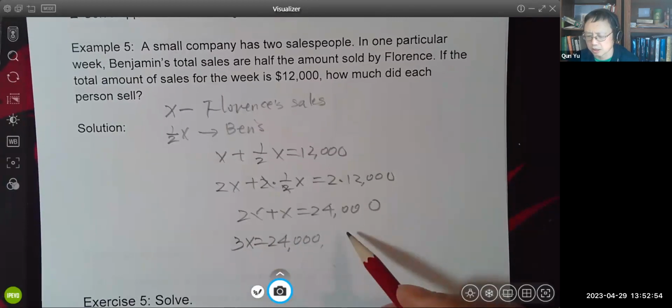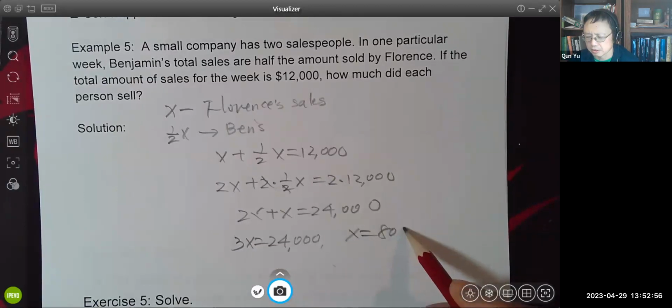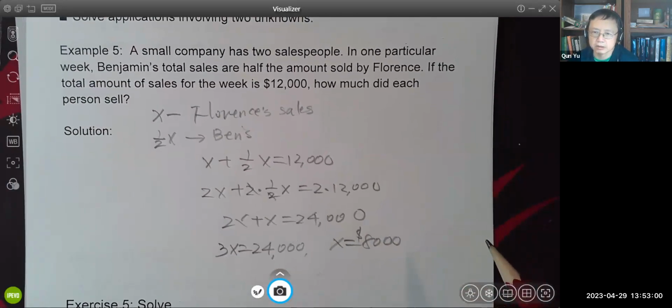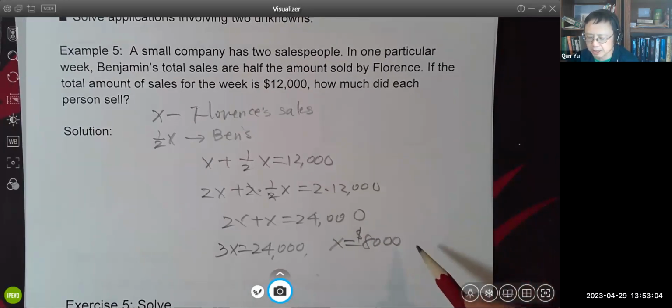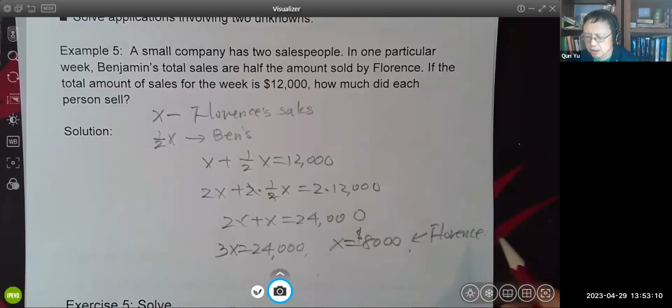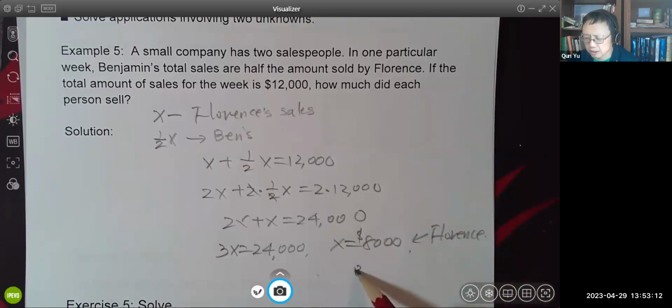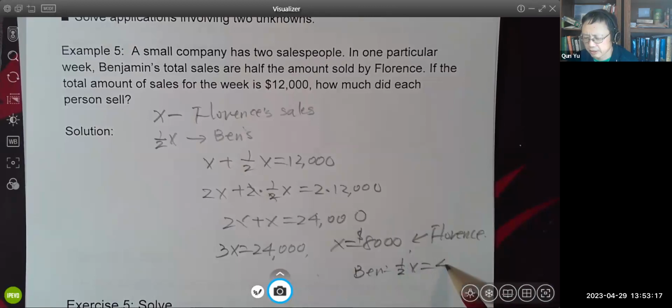Divide by 3 on both sides, x is 8,000. Don't forget x is Florence's sales, because that's how we set it up in the beginning. Then this is Florence's. And Ben's sales is half of that. Half of x equals 4,000.